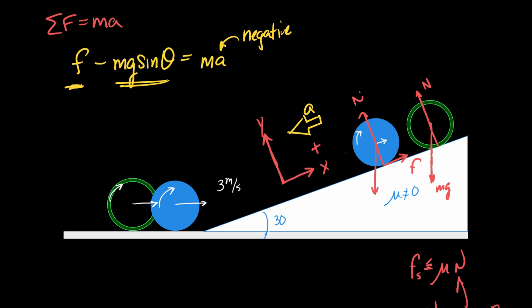Let's imagine that the disk has an acceleration that's bigger. The disk has a bigger acceleration than the ring because it goes farther. So let's just say the disk has an acceleration of 1. And let's say the ring has an acceleration of 2. If this were 3, right, it has to be bigger.